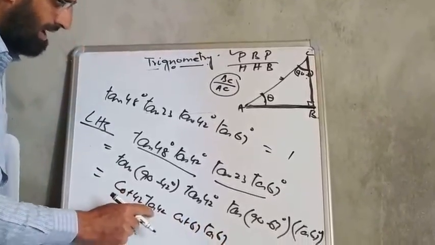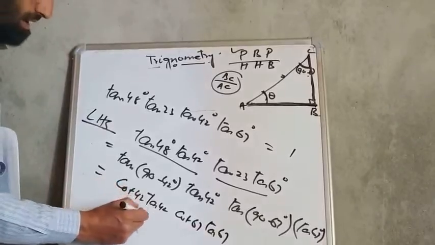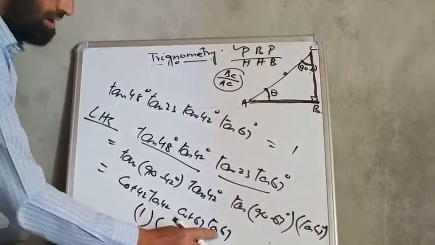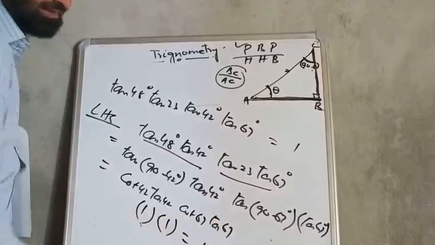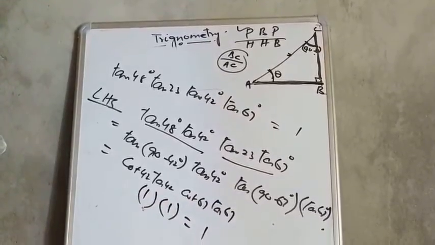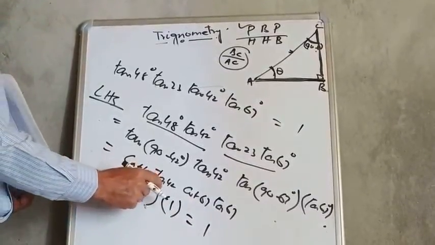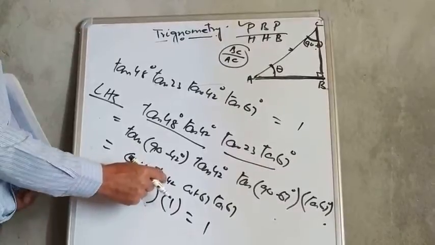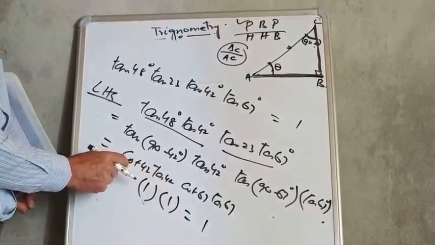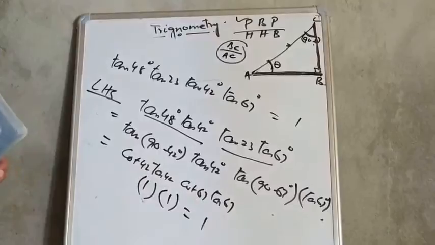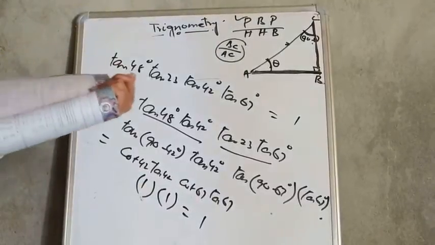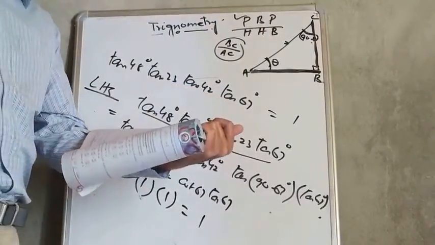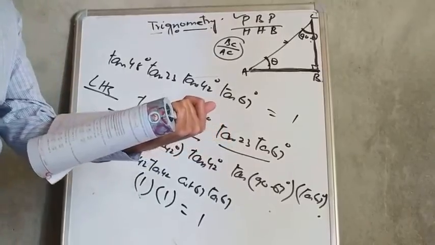Now tan into cot is 1. Cot into tan is 1. That's equal to 1, because when you multiply any number with its reciprocal, that is equivalent to 1. Tan into 1 by tan, that is 1. Cot, this is 1. So 1 into 1 is 1. Similarly, you will change one angle from part number second.